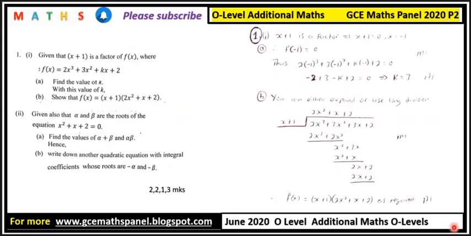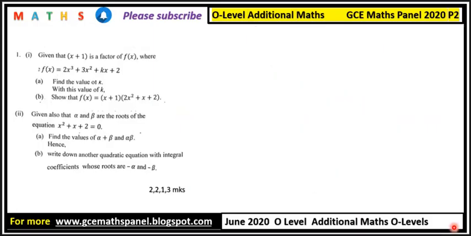The sub 2 of the equation reads, given also that alpha and beta are the roots of the quadratic x squared plus x plus 2 equals 0, find the values of alpha plus beta and alpha beta. Note that when the quadratic is written as x squared plus x plus 2, it is actually in the form x squared minus sum of roots x plus product.